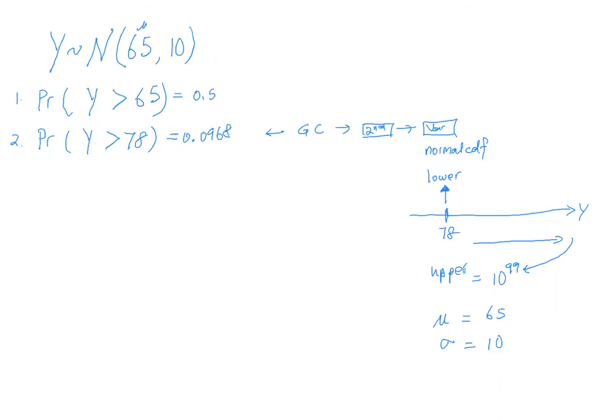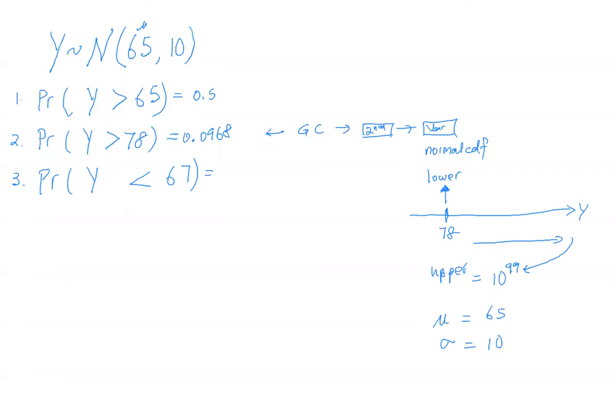Okay, now third, I said probability of Y less than 67. Same thing, you also use normal CDF. You can press second, enter, then everything will come out.